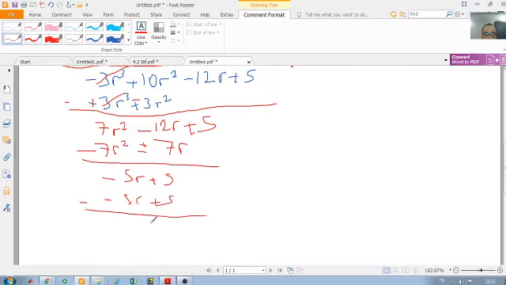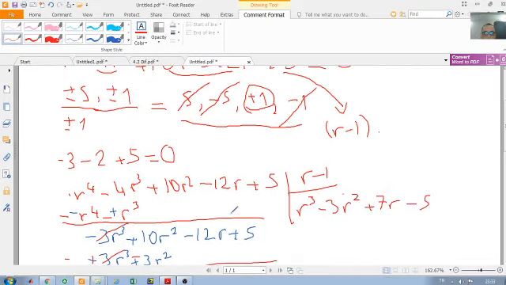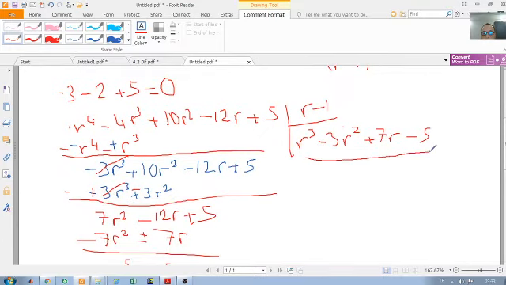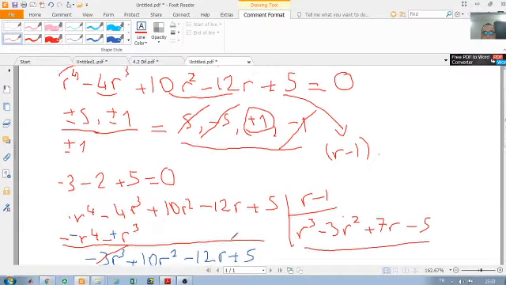So we have 0 for the remainder of this division. So this is the second factor of the characteristic polynomial.